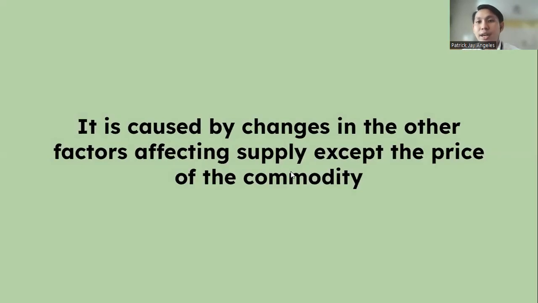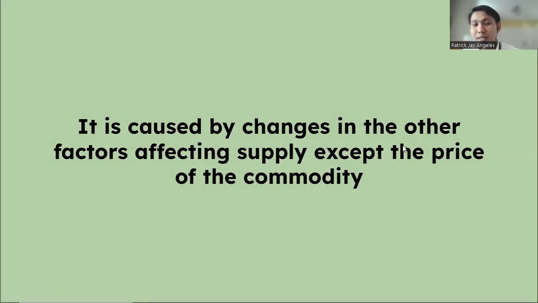The shifts in the supply curve are generally caused by changes in other factors. You have to remember that there are changes in other factors that affect supply, except the price of the commodity. That is an exemption, because it is already given that the price itself affects the quantity supplied.